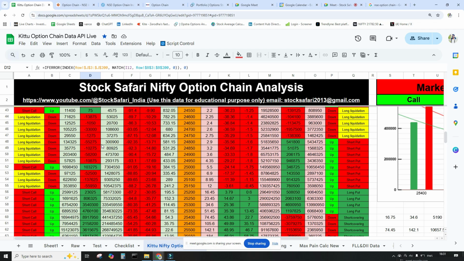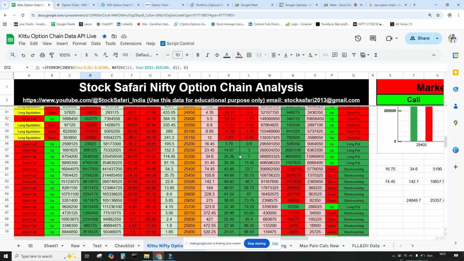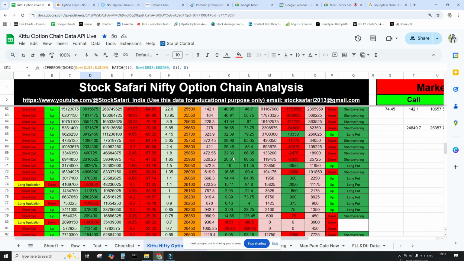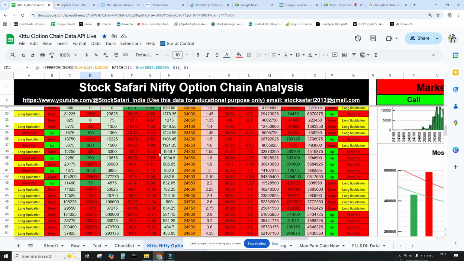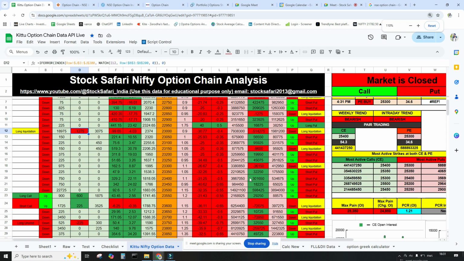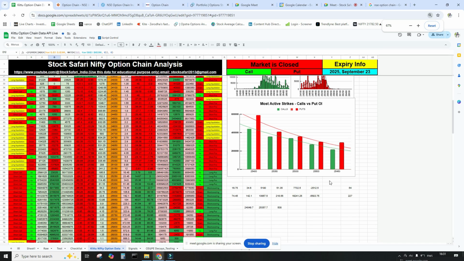Most of the time we discuss option chain analysis, but it can give you only 50% of your stock prediction, what is happening in the market and the trend. I hope you got a good understanding of LTP and change in open interest. So let us take another example here to understand change in open interest much better.